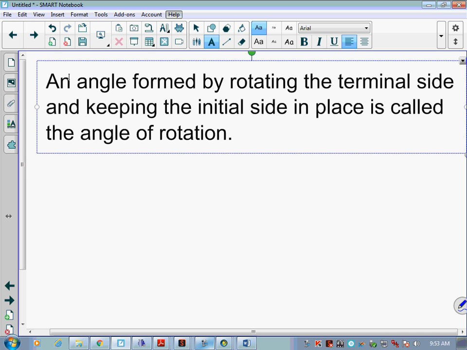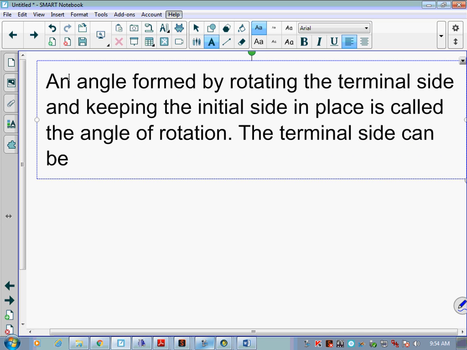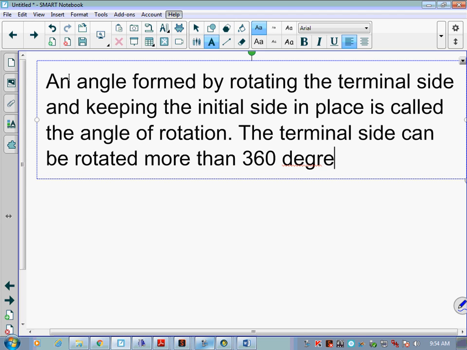The terminal side can be rotated more than 360 degrees, which means we can go around the origin multiple times. In fact, we can go around as many times as we want.